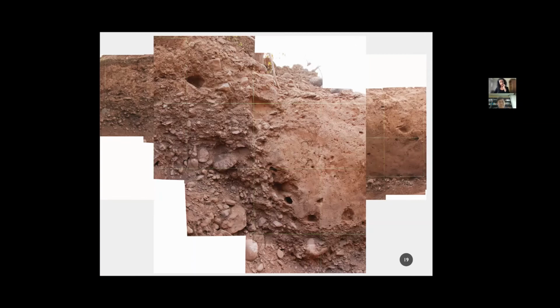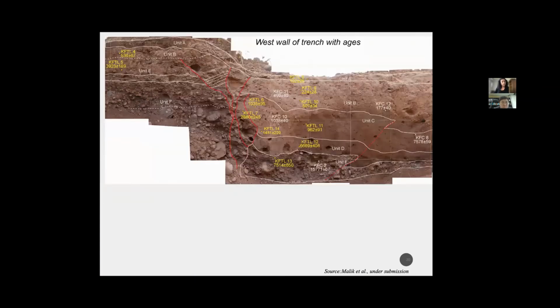So based on these geomorphic signatures, we have identified the fault trace. And based on cross-cutting relationship between the fault and litho units, we have identified 3 seismic events in this trench.